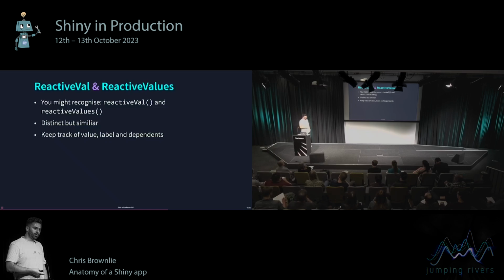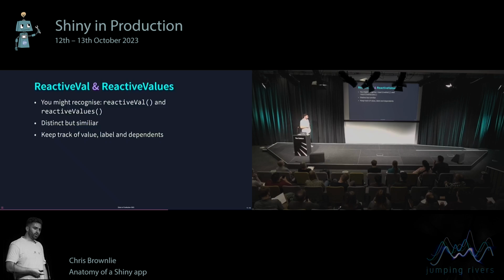So it's a class that has methods for setting and getting a value, and when you set the value, it notifies dependents of that value that it's changed, so that they know they have to recalculate at some point. So it keeps track of the dependence of that value explicitly as part of the object itself.